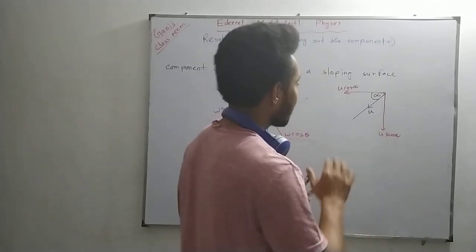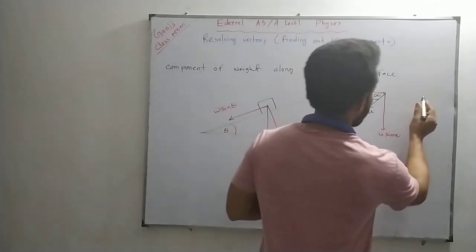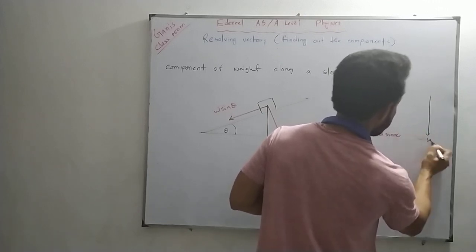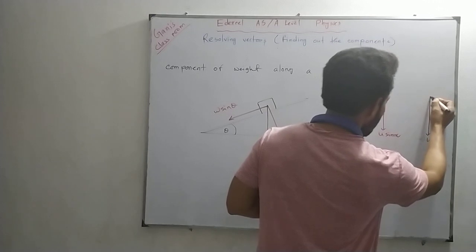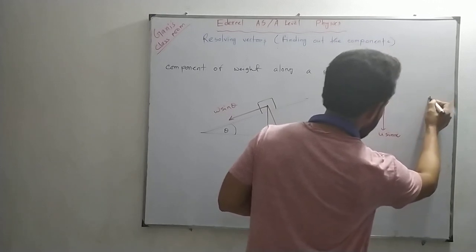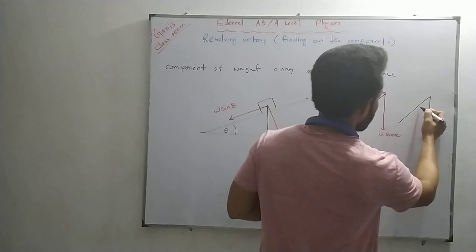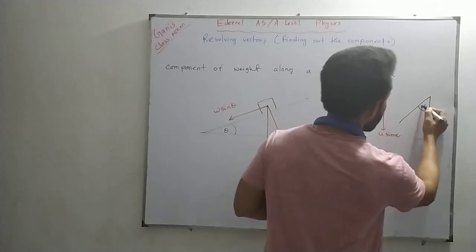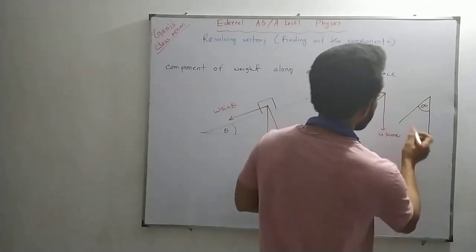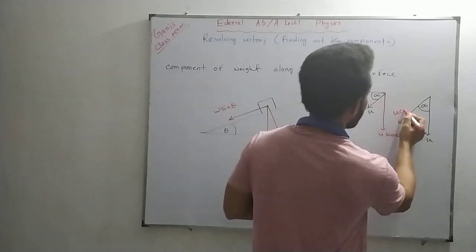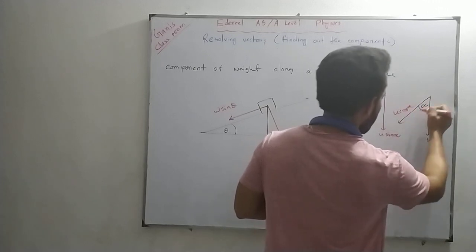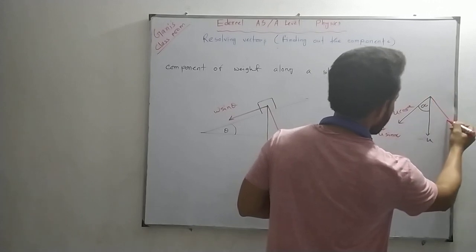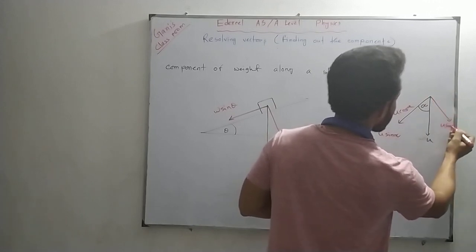Okay, and let me tilt it. Suppose u is acting in this direction, and this is a direction, and the angle between this direction and u is alpha. Then we can write this component as u cos alpha, and perpendicular to this component, the other component will be u sin alpha.